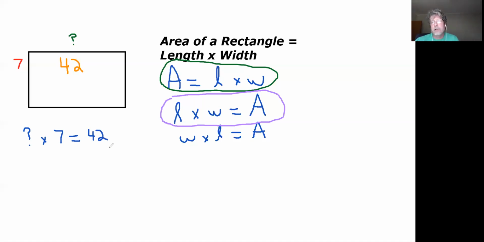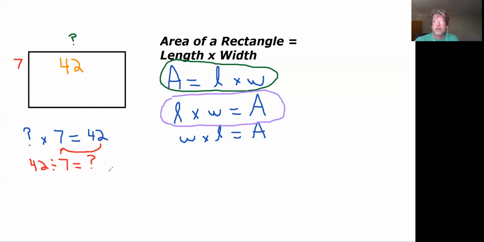Now remember, I also could write this as a division problem because multiplication and division are interchangeable. So if I go inversely, the other direction, you also could see this problem as 42 divided by the 7 could give you what the length is, which we don't know.